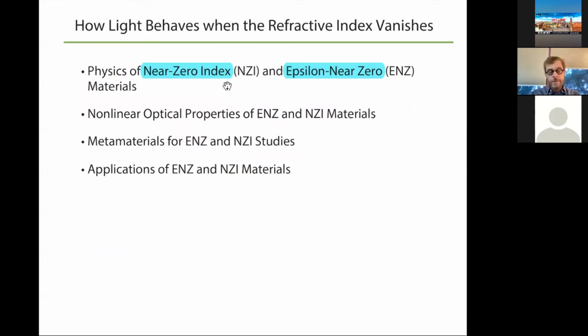But when it's important to distinguish them, I will. We'll then talk about nonlinear optical properties of ENZ and NZI materials. We'll then talk about metamaterials for studying these effects. And we're going to end up with some applications of epsilon near zero and near zero index materials.